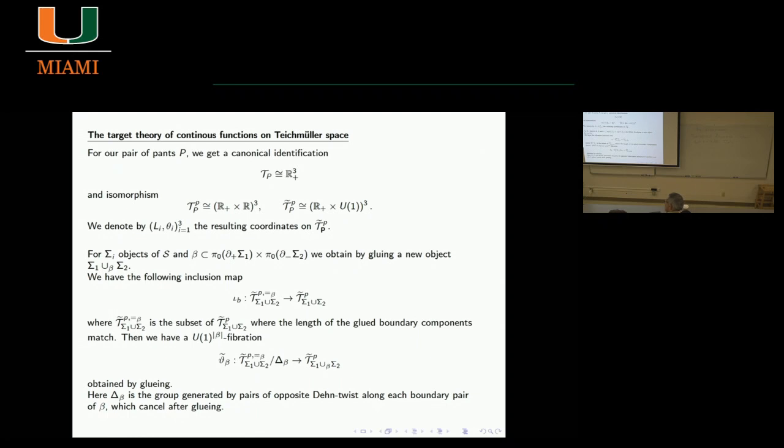So therefore, there is a fiber of this map here. And when I divide by Dehn twists, which twist this way on that side and this way on that side, that doesn't do anything because that can be undone after I have glued. But the point is that when I do this division, this here is a U1 to the number of pairs fiber bundle over that. So that's the structure I need to understand in order to understand the following thing.